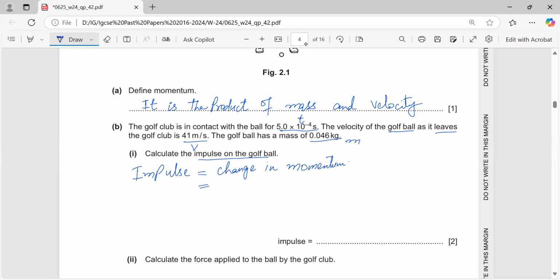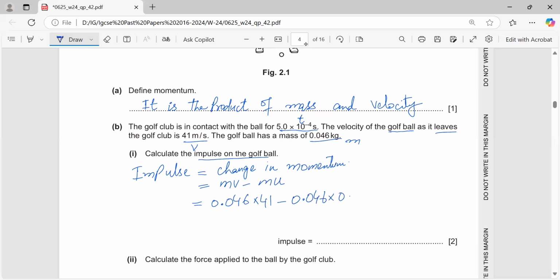Now, which means mv minus mu. Mass of the ball is 0.046 and velocity of the ball is 41, minus mass of the ball 0.046 times 0, because initial velocity is 0.